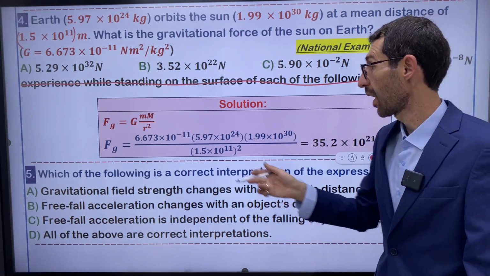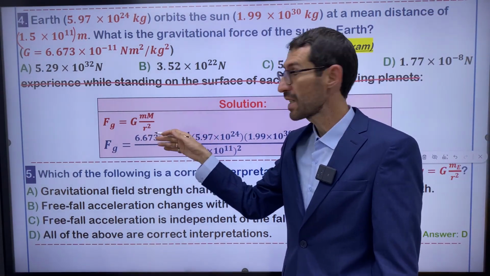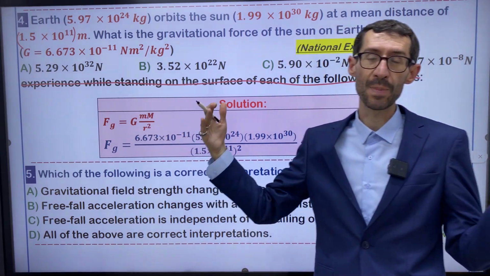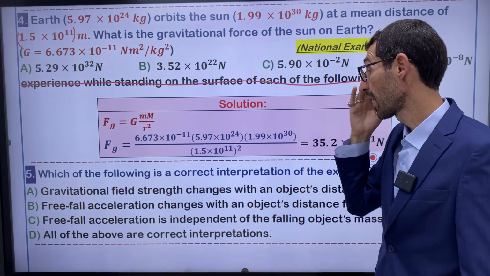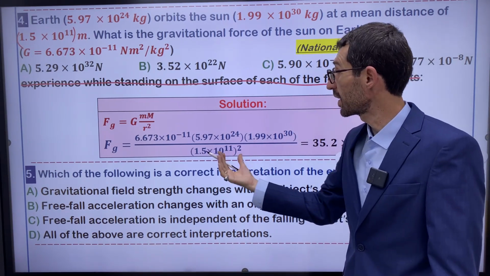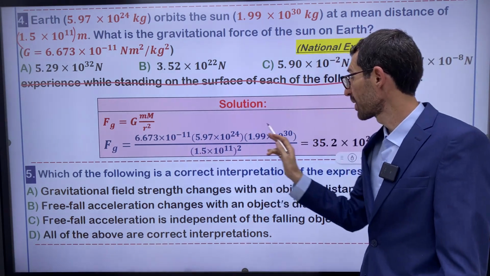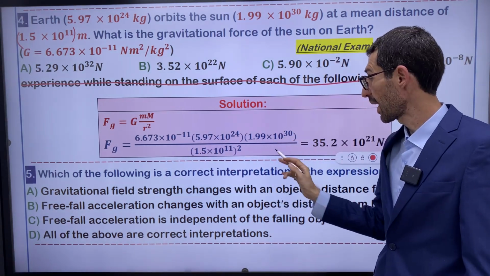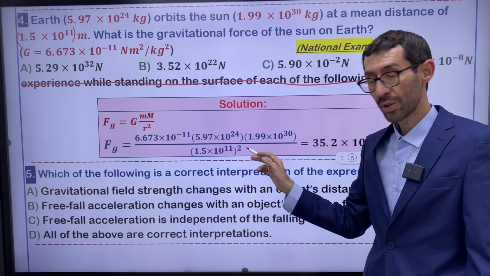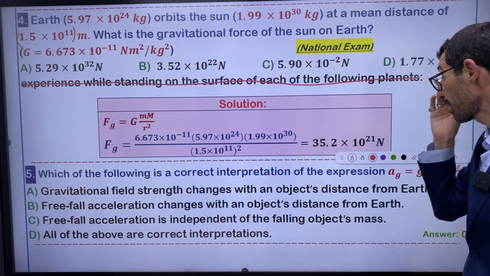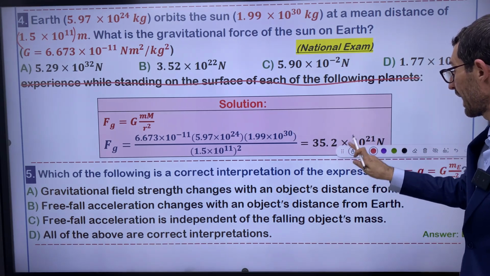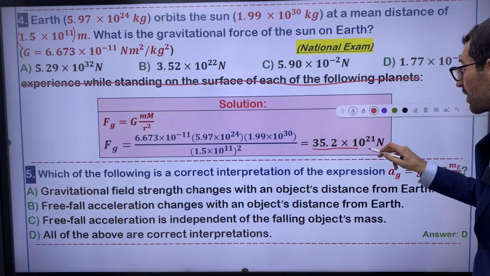That's why R can't be a radius. It's the mean distance between sun and earth. So anyway, you have to square the distance between sun and earth, multiply these numbers together, and divide by this number squared to find the answer.